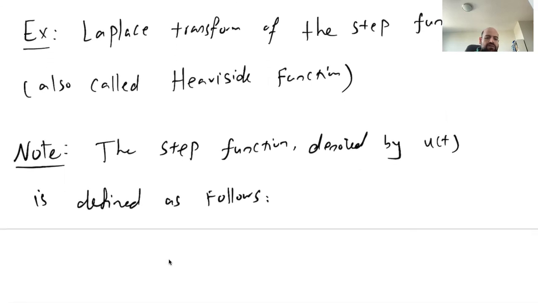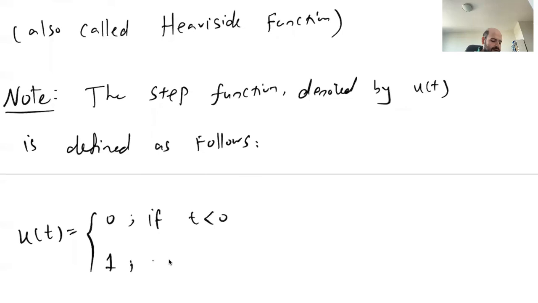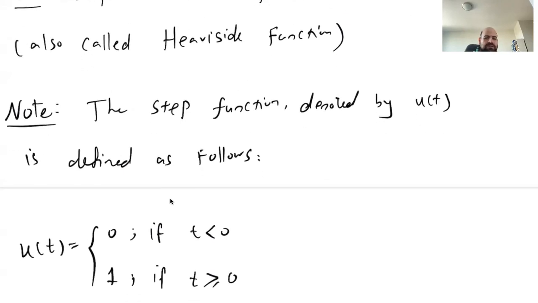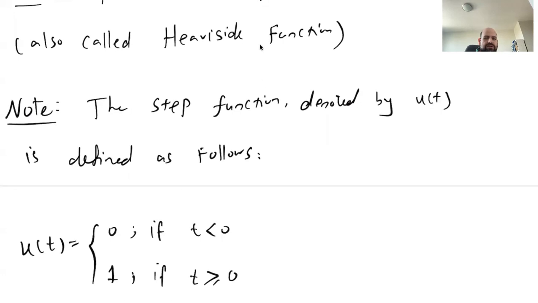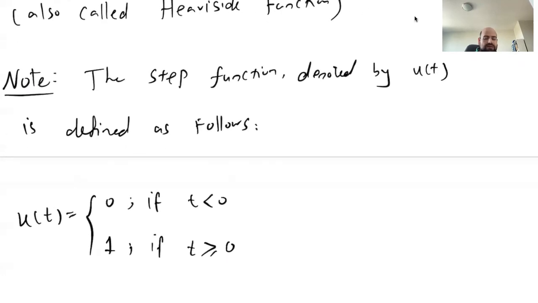We define u of t as 0 if t is less than 0, and we define it as 1 if t is bigger than or equal to 0. So this is how we define the step function: 0 for t less than 0, and 1 if t is bigger than or equal to 0.